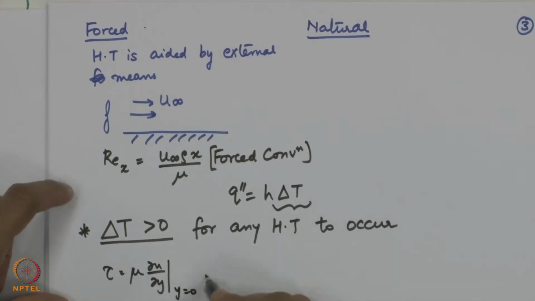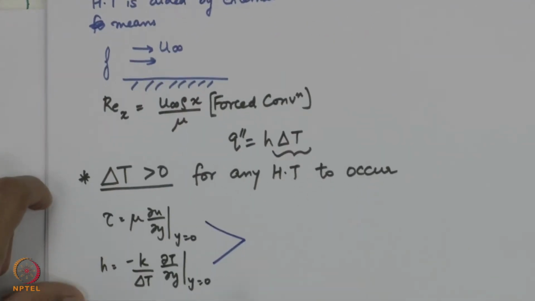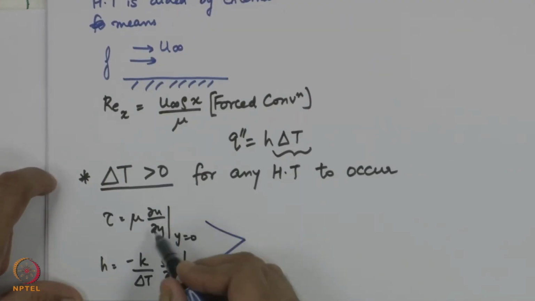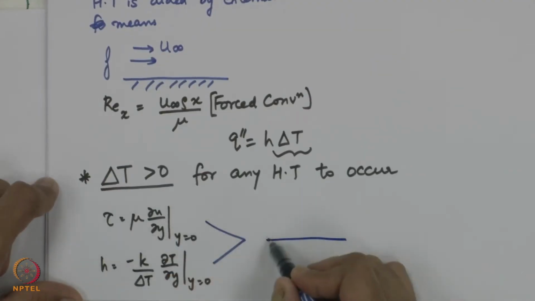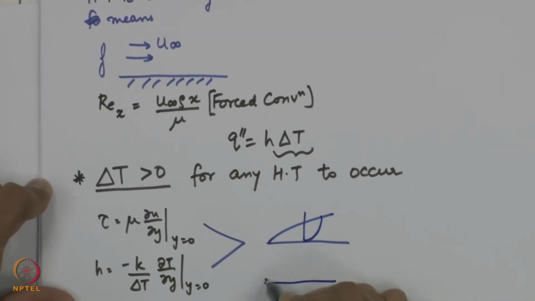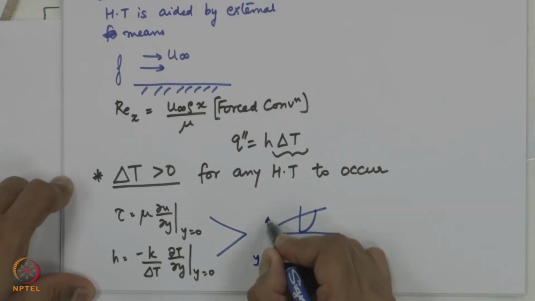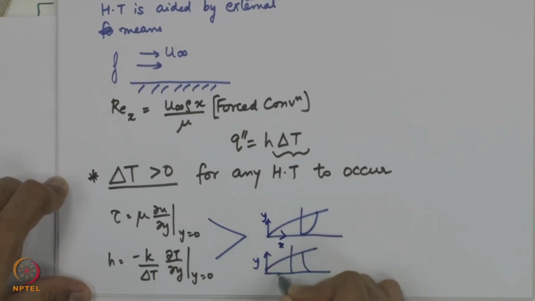So, if you see, the form of these two equations is identical. Gradient in velocity in the normal direction, gradient in the temperature in the normal direction, this is my y. Okay, so this is another thing which is common to fluid mechanics and heat transfer.